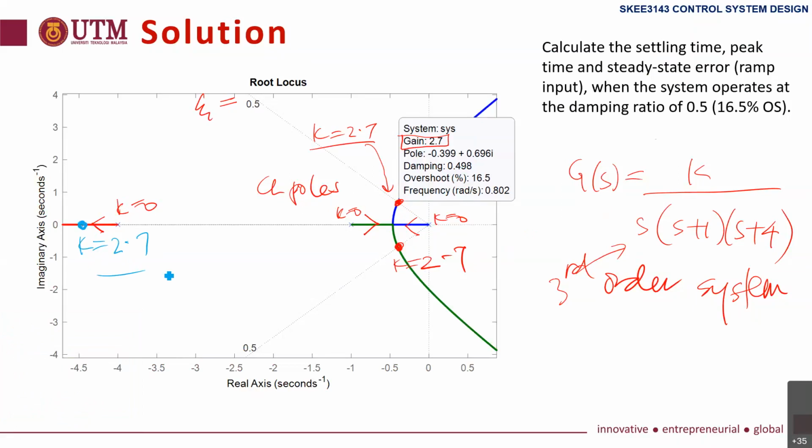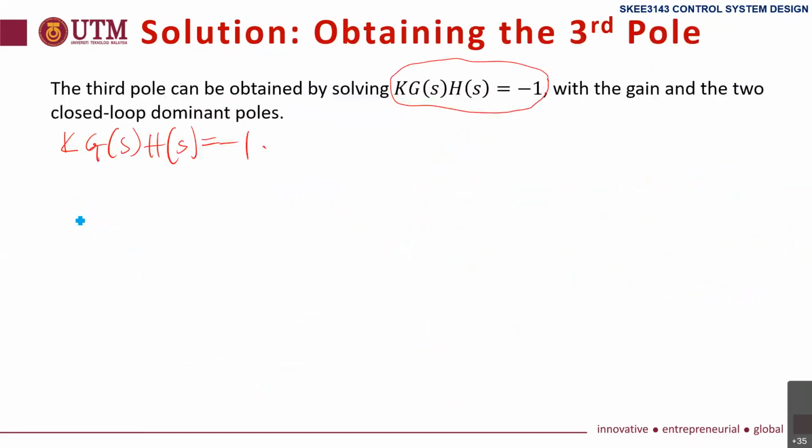So what we want to do next is to locate where the third pole is. We know 2 here, this 1, 2, and this is the 1, but we need to do a calculation to obtain the third pole. It can be obtained by solving this equation.